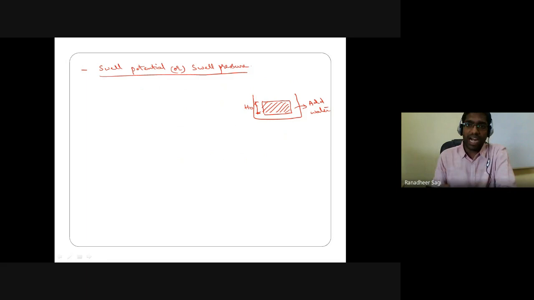Now once you have added water to that soil, as it is considered an expansive soil, what is going to happen? Because of the water added in sufficient quantity to ensure the soil becomes fully saturated, it's obvious that the volume of the soil tries to increase.